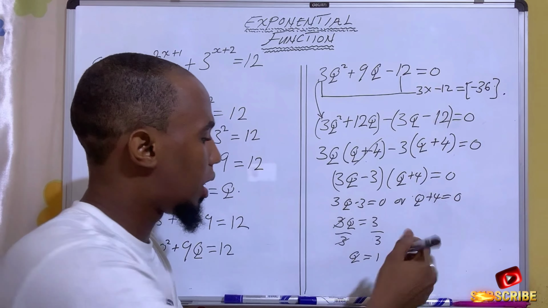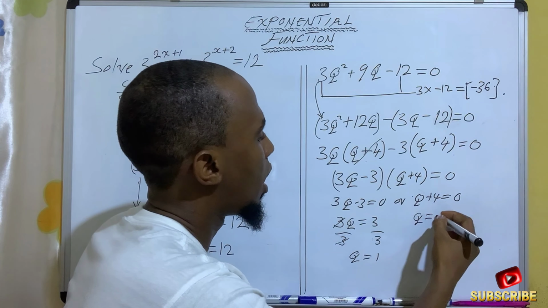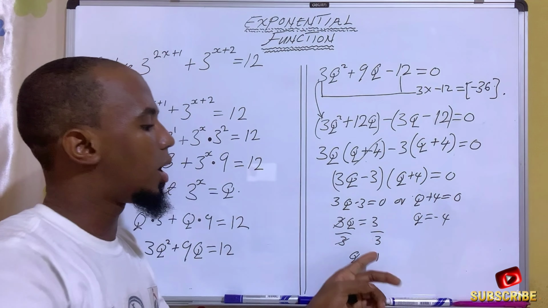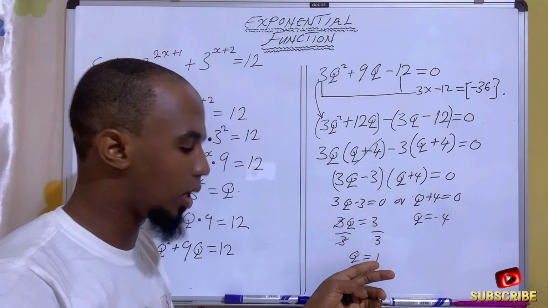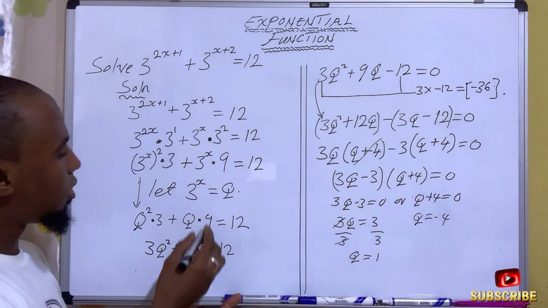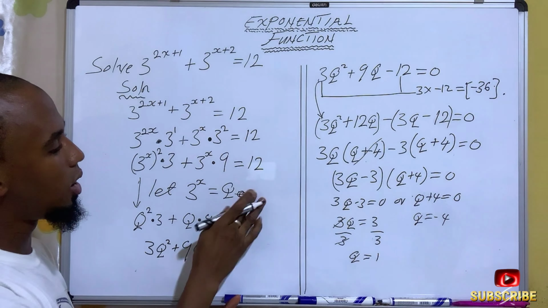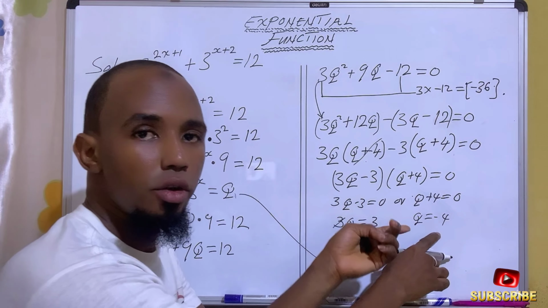And here we have q is equal to minus 4, and we are going to look at this because we need this one. This is the one that we need in order to qualify this. So we are going to replace it here because this minus 4 is going to be invalid.